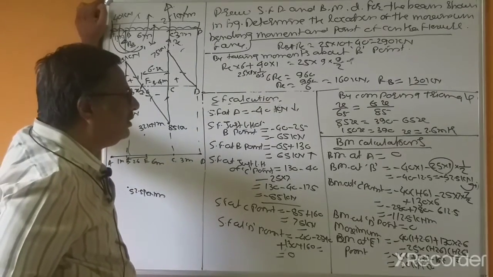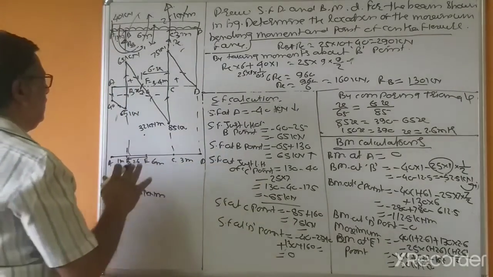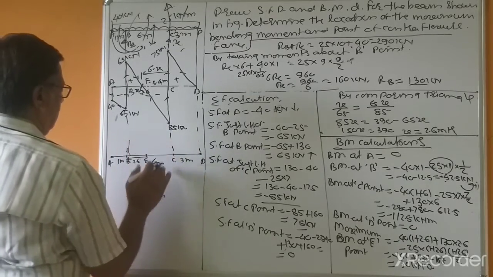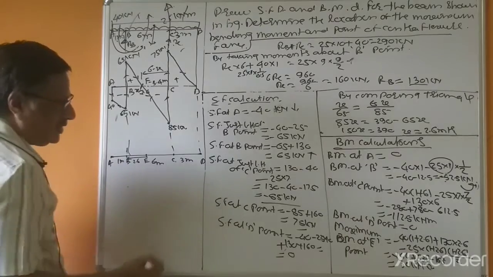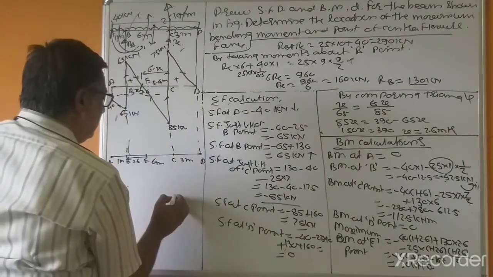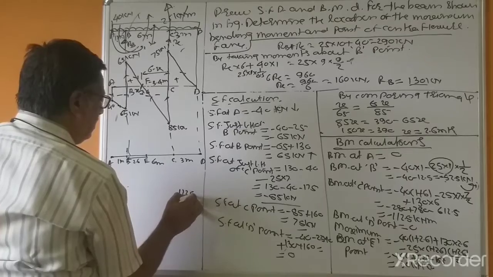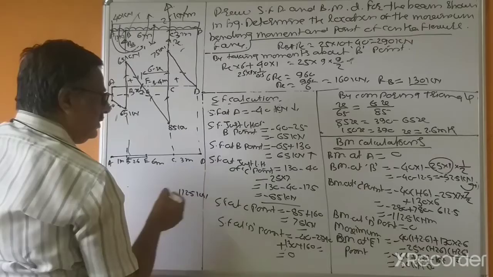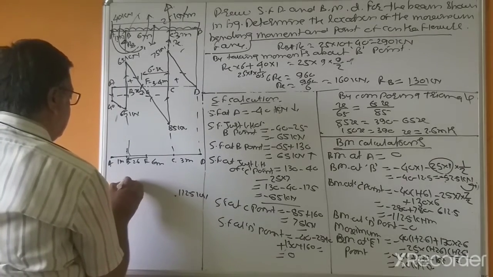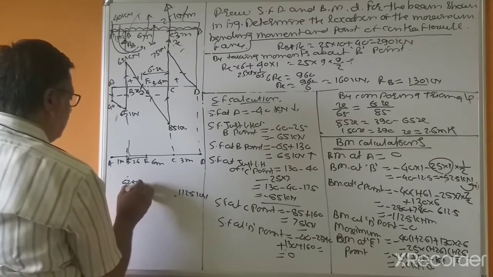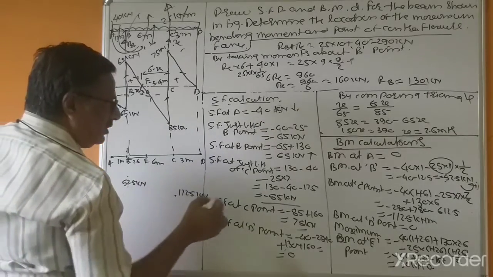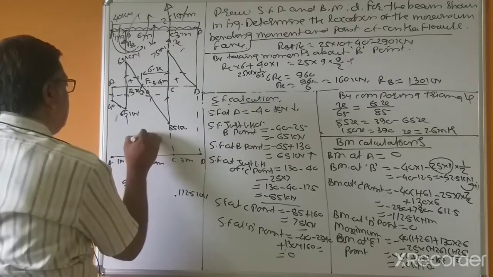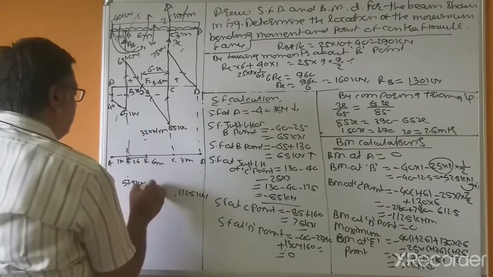At C point, oh sorry, at C point the maximum is 112.5 kilonewton, and this is minus 52.5 kilonewton, and that is 32 kilonewton positive. So this is 32 kilonewton meter.